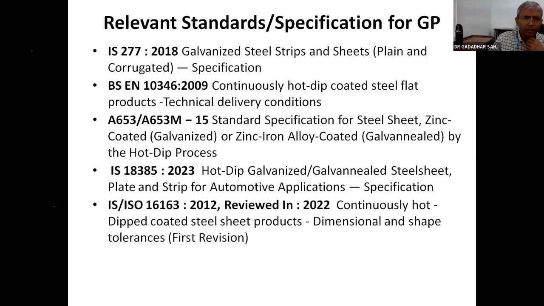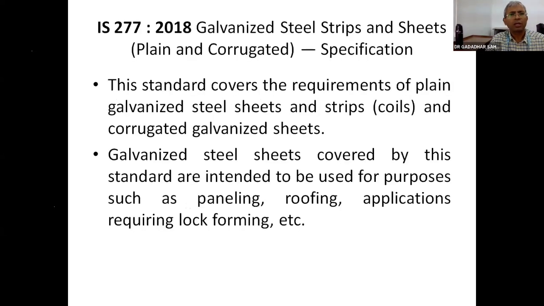Then IS 18385, hot dip galvanized steel sheet, plate, strip for automotive application. We have not explored this one, and moreover we do not have galvanizing facilities for it. And then finally, the dimensional tolerance.